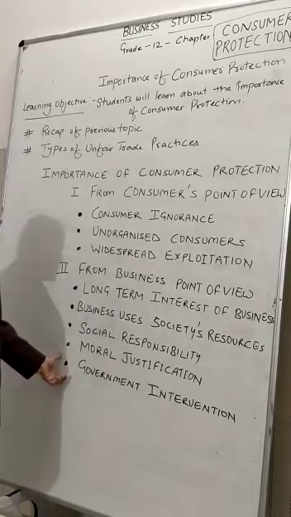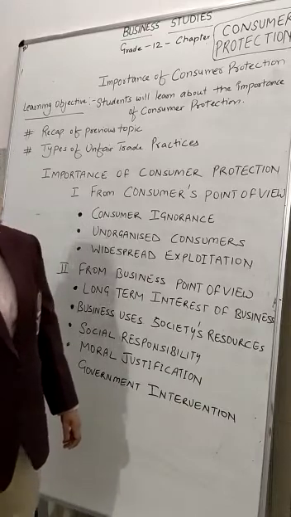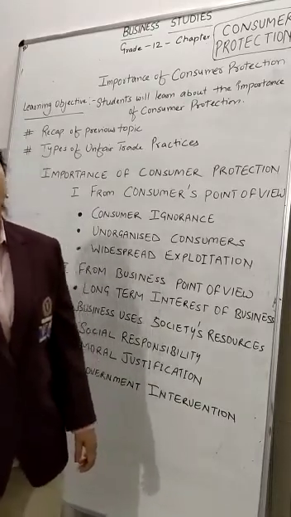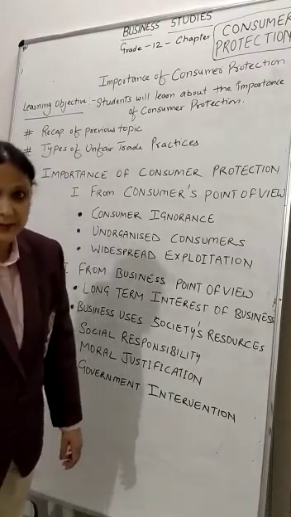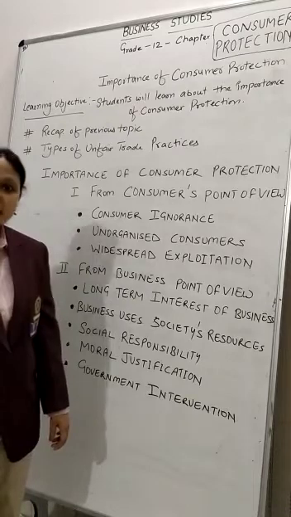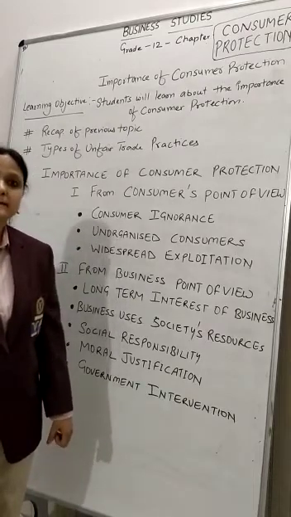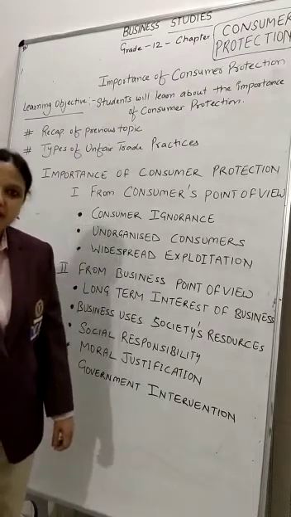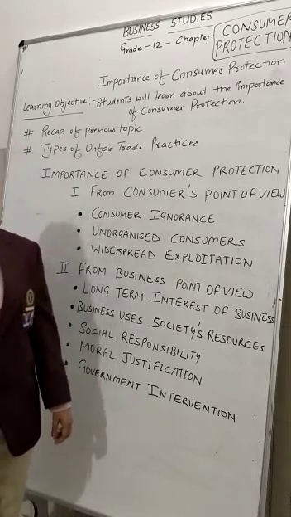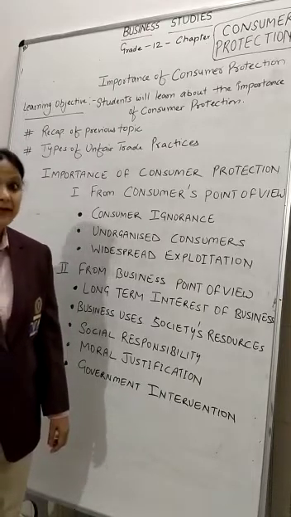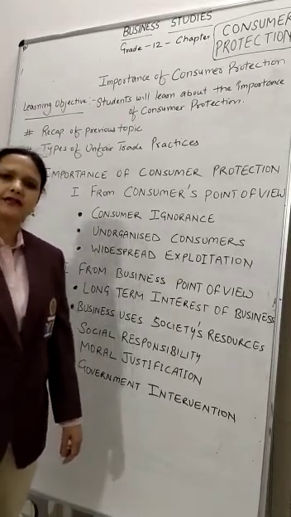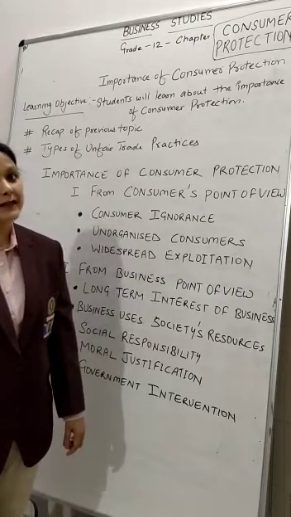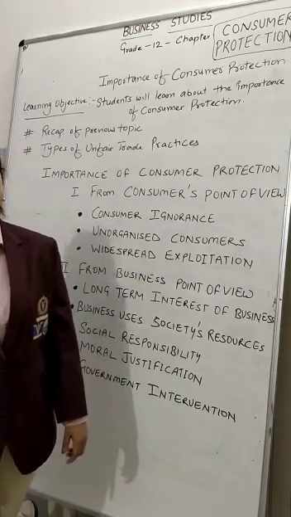Now the last one, government intervention. If any business is involved in malpractices or unfair trade practices like adulteration, defective products, unsafe products, black marketing, hoarding or duplication of brands, then the government can interfere or take legal action against it, which can spoil its image in the market and among consumers.